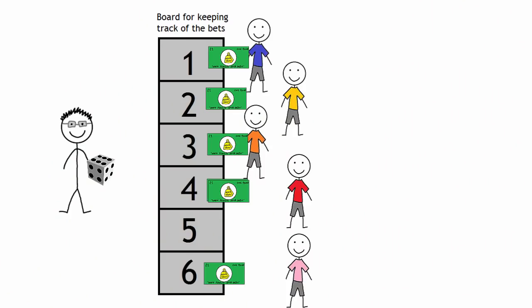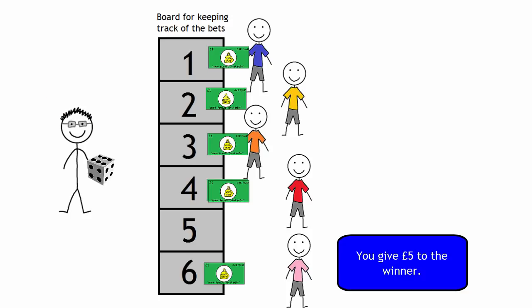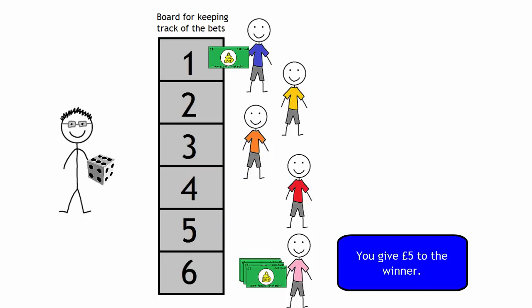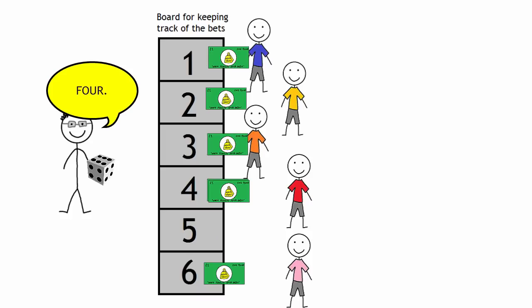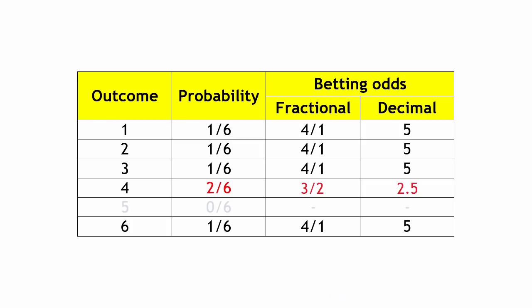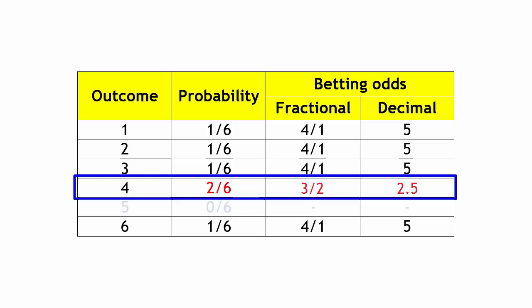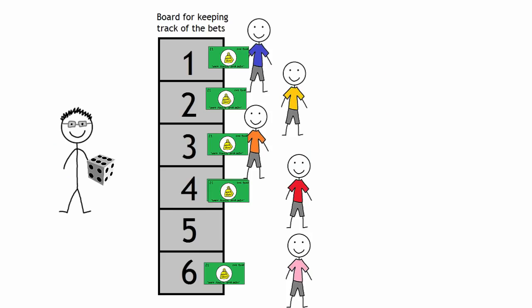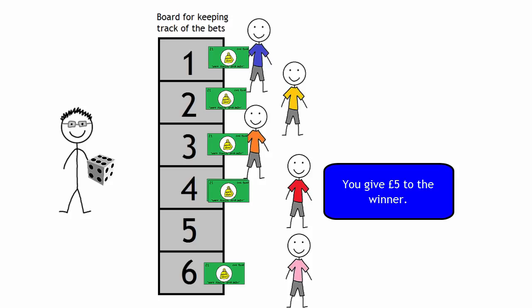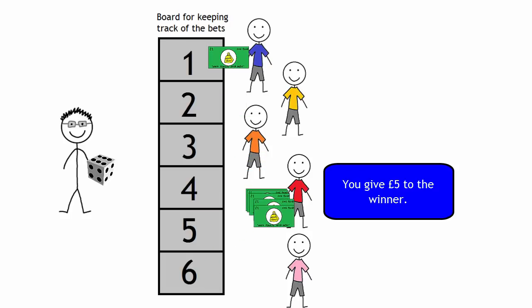If the dice lands on 1, 2, 3, or 6, you'd have to give £5 to the winner, which is the £1 he originally bet plus £4 in winnings. And then you make £1. However, if the dice lands on a 4, whose probability, if you can remember, is 2/6, and the odds, the payout, is 2.5, you'll have to give £5 to the winner, which is the £2 that he originally bet, plus 3 extra pounds in actual winnings.